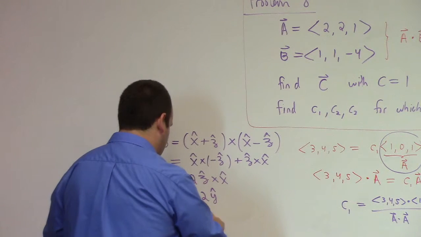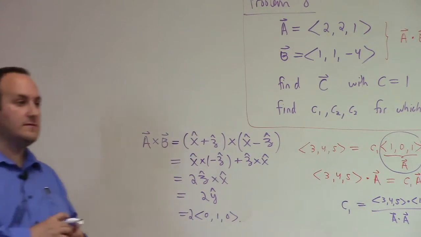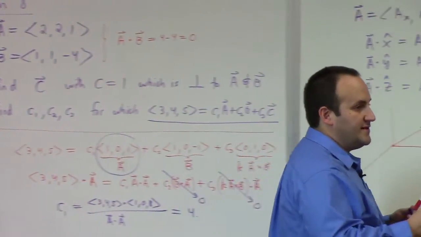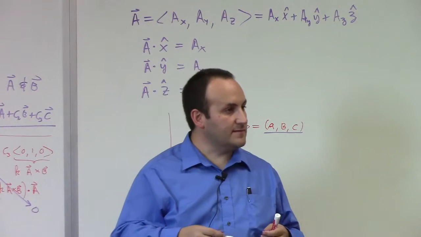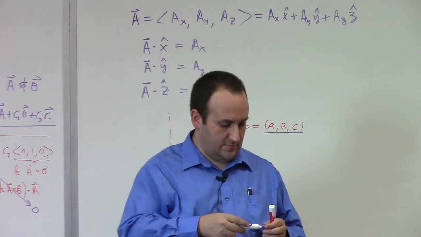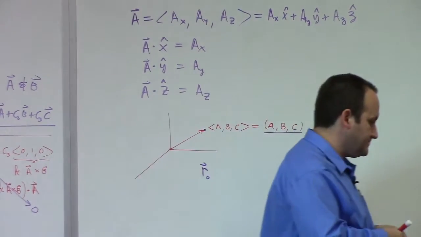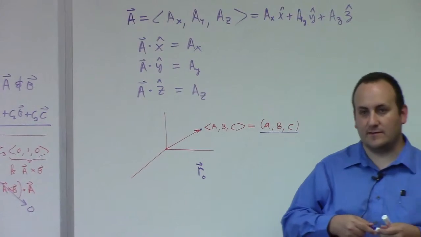Or if you like, 2 times 0, 1, 0. So apparently k was 2. I knew this without calculating, though, because I know by process of elimination, if a vector is perpendicular to both a and b, it must be collinear with a cross b. It's got nowhere else to go in 3 dimensions. Now, if we were in 4 dimensions, it would be another story. We wouldn't have a cross product. We'd have to think harder.